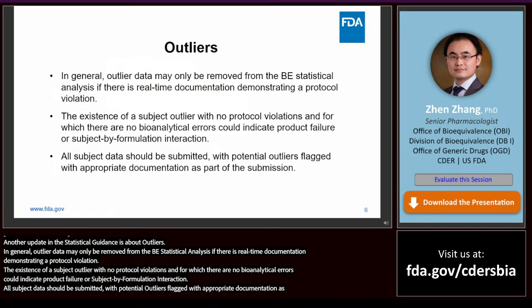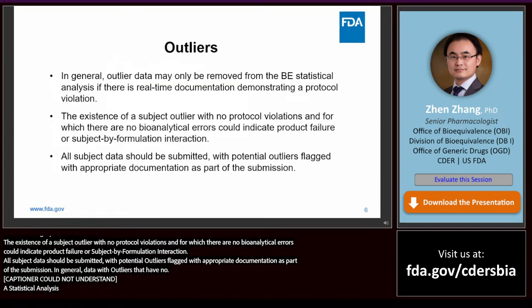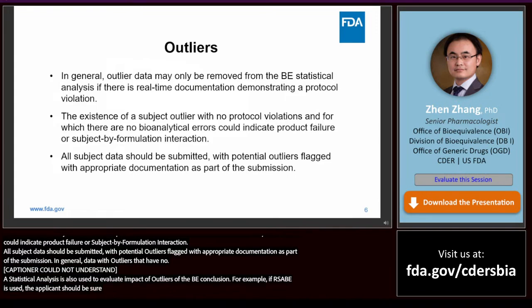In general, data with outliers that have no protocol deviation or bioanalytical errors are used for the BE determination. A sensitivity analysis is also useful to evaluate the impact of outliers on the BE conclusion. For example, for a replicated PK BE study, if reference scaled average BE is used, the applicant should ensure that the calculated intra-subject variability is not inflated due to extreme values or situations.